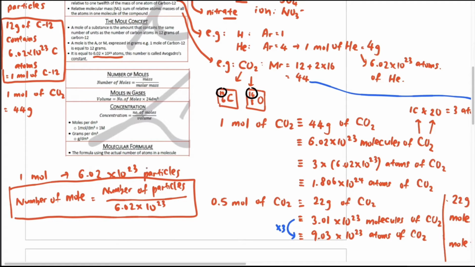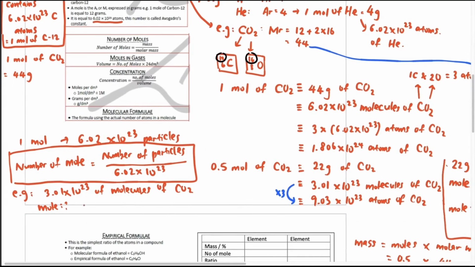So let's say, for example, I have 3.01 times 10 to the power of 23 molecules of carbon dioxide. Then I want to find out the number of mole.